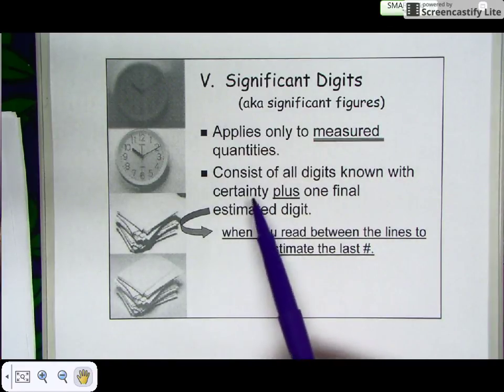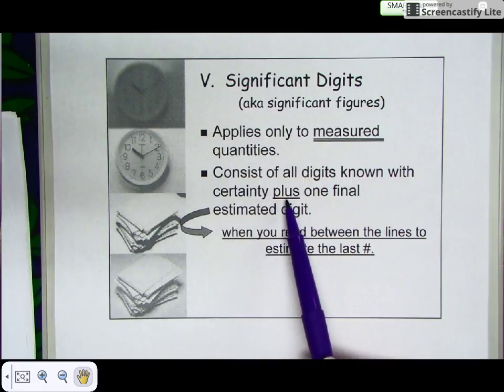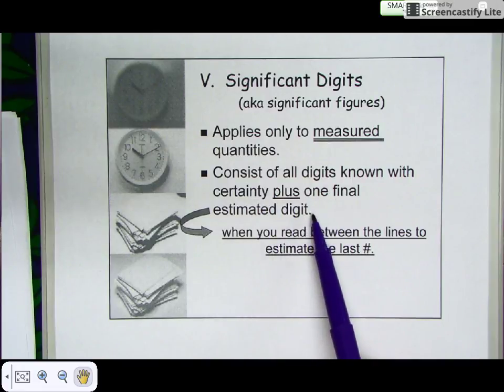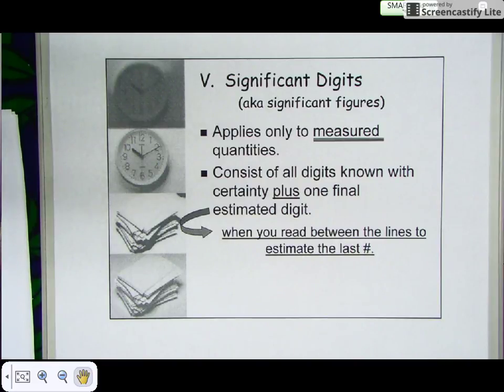So sig figs are defined as numbers that consist of all the digits known with certainty plus one final estimated digit. And that estimated digit is when you're reading between the lines to estimate that very last number. So if your measuring device is marked off to the whole number, you should always read your device to the tenths place.